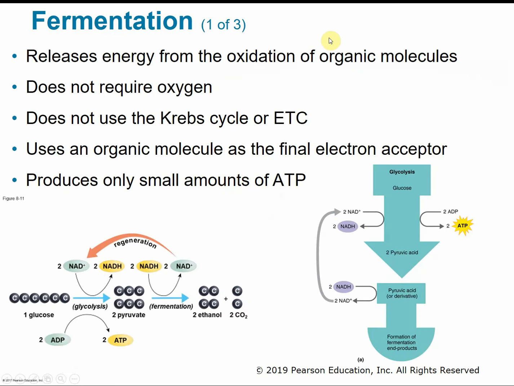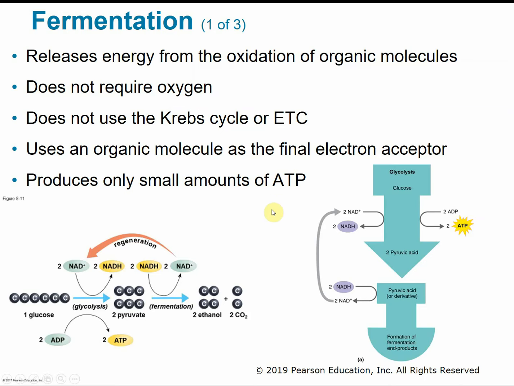Fermentation is similar to cellular respiration in that it's going to release energy from the oxidation of organic molecules like glucose. Where it differs, though, is that it does not require oxygen and it does not use the Krebs cycle or the electron transport chain. The final electron acceptor in fermentation is typically an organic molecule, and we only get small amounts of ATP.